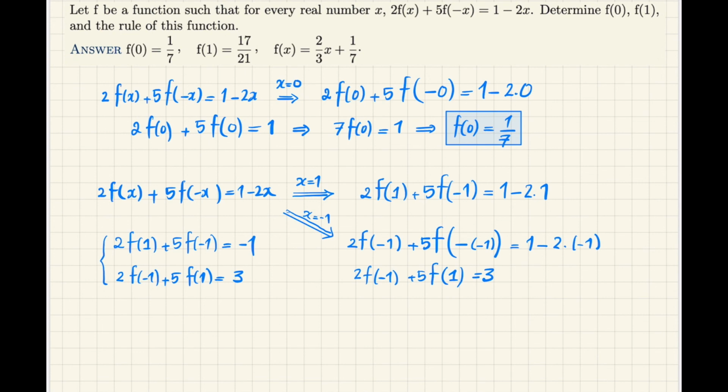So for example, I will multiply the first equation by 5, and I multiply the second equation by minus 2. No, sorry, the other way around.